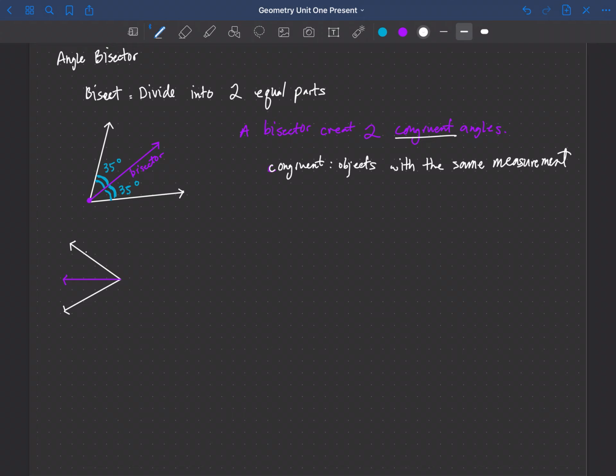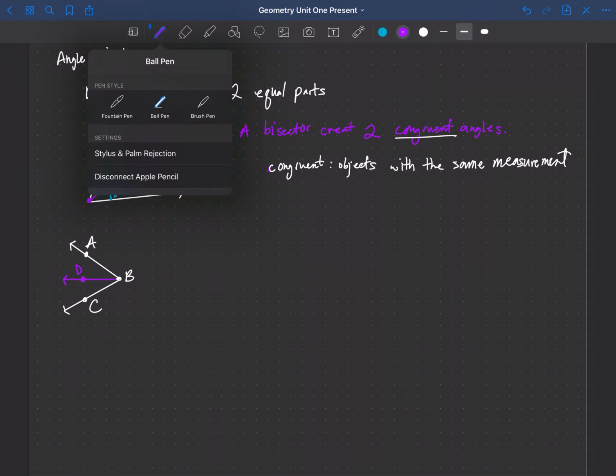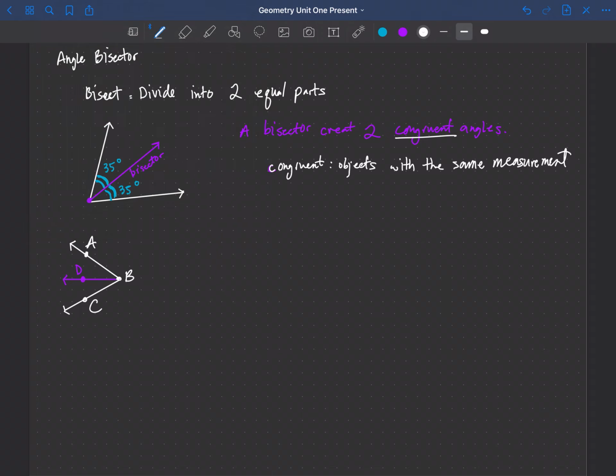So we have angles that are labeled A, B, C, and D. So this purple line here is our angle bisector. Okay, again, we can never assume things, so in my problem I will tell you that it is a bisector.